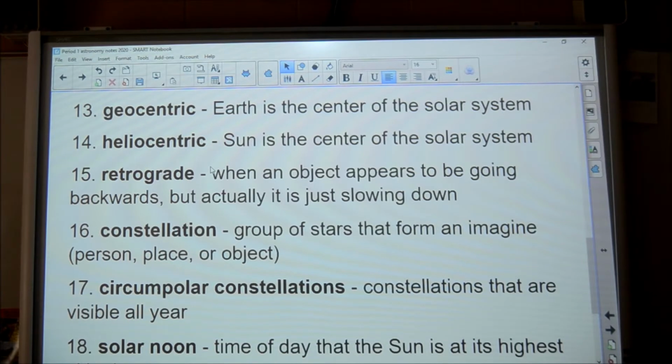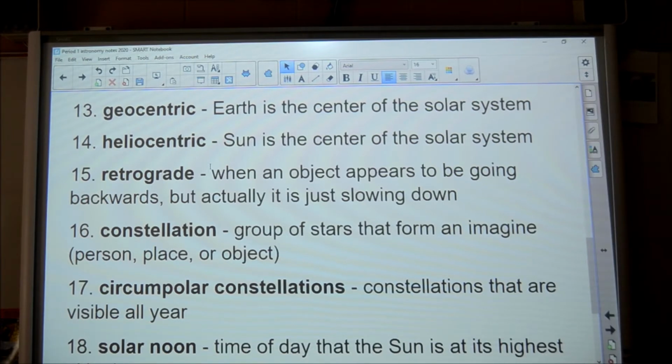Constellation. Now, constellations you guys have been looking at every time you walked into this room, because in the alcove you had constellations. So they're groups of stars that form an image, be it a person, be it a place, or an object. Circumpolar constellations.